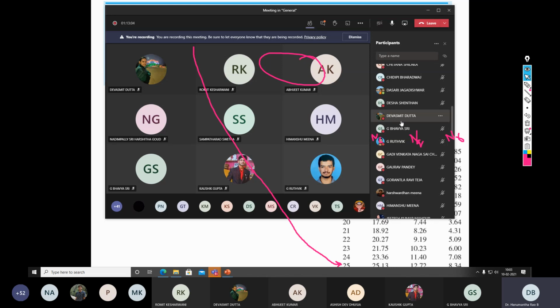Bhavyasri, can you try to solve? Sir, I got 955 kilonewton per meter square. Oh, great. Good. Can you explain how you did it? Sir, I just substituted the values in the formula.